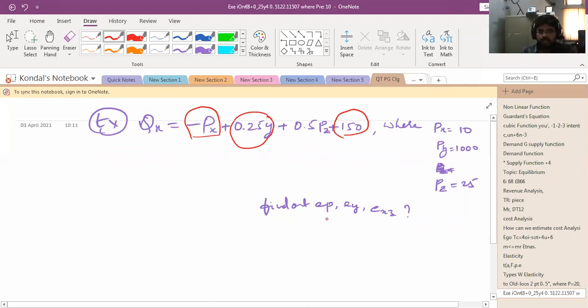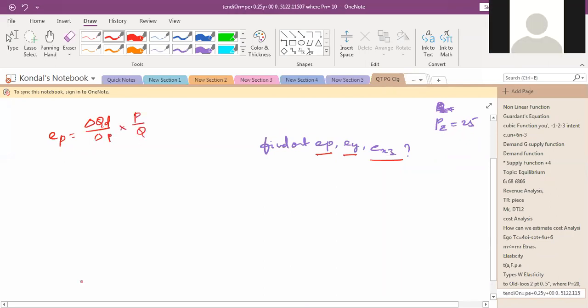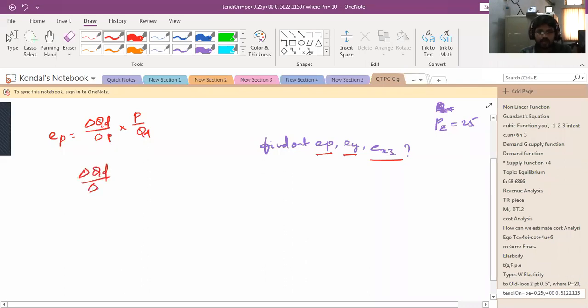They are asking for the elasticity of price, elasticity of income, and cross elasticity, right? So first we need to know the elasticity of price. How do we derive it? What is the formula? Delta QD by delta P, times P by Q. First we need to find delta QD by delta P. What does it mean?